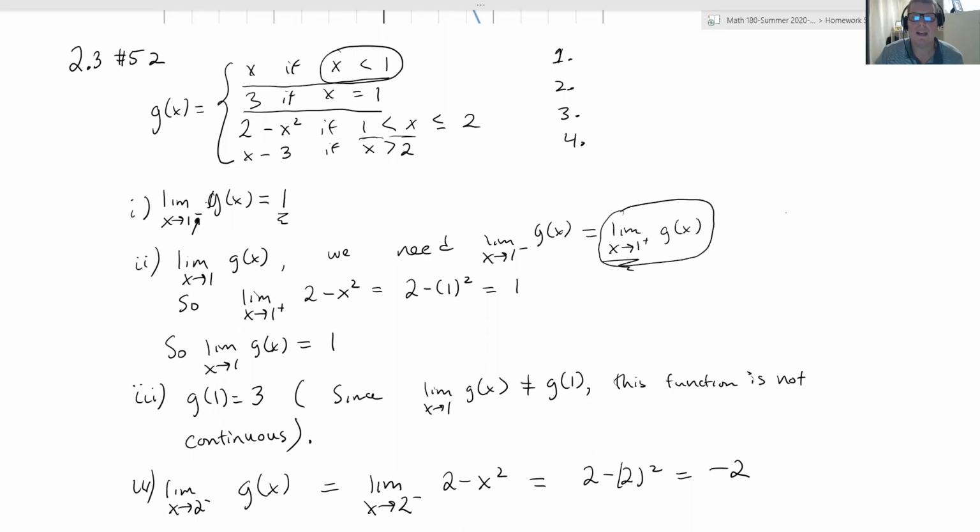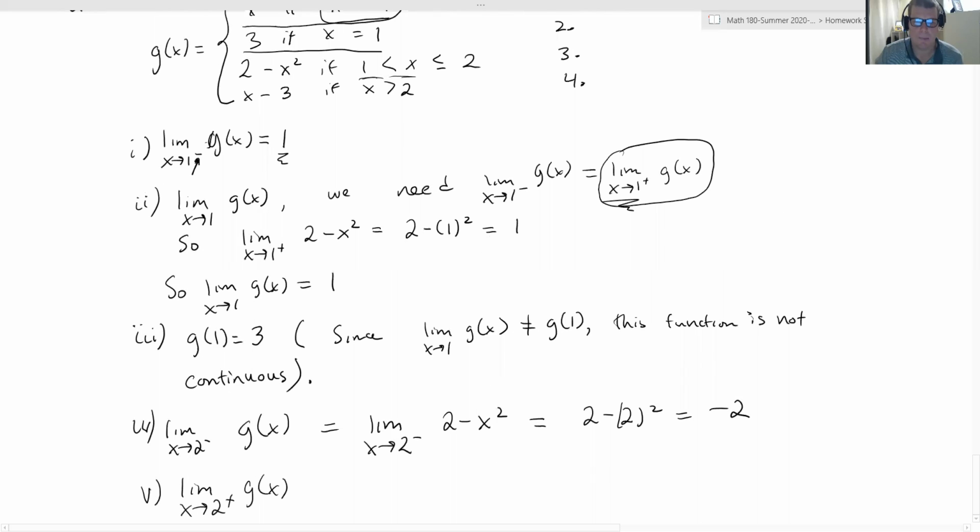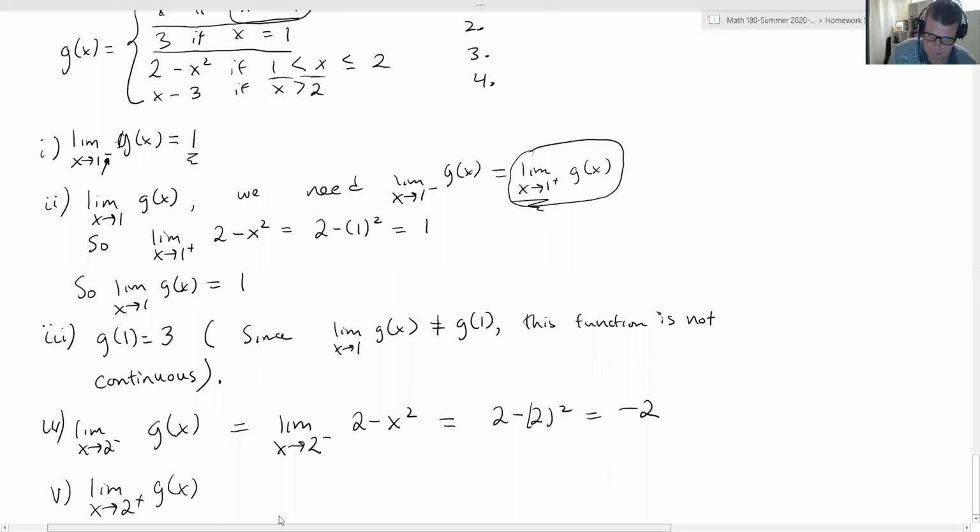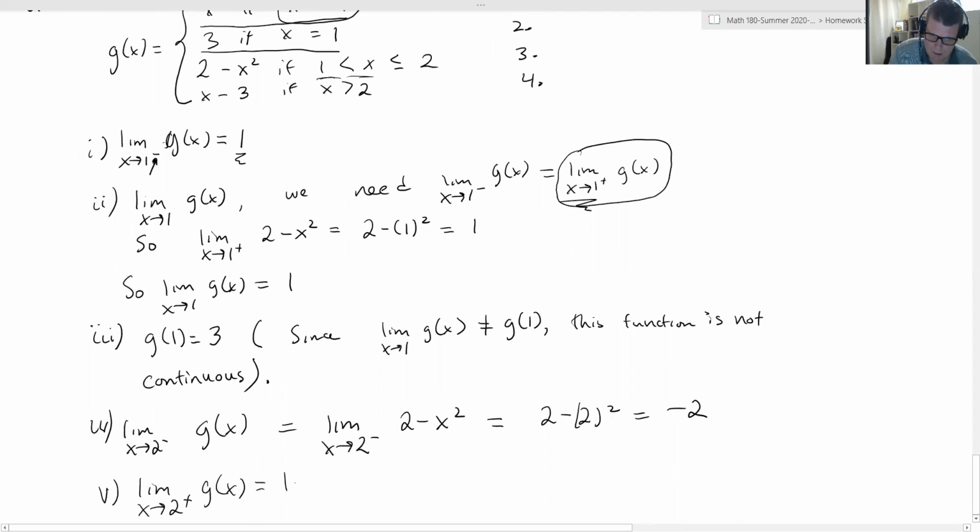And so what's the value for the limit going to be for 2 positive? It's going to equal negative 1, because we can just do this by substitution. Okay, so it's negative 1.